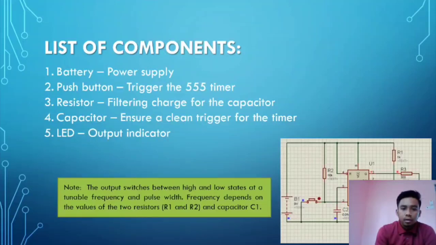The output switches between high and low states at a tunable frequency and pulse width. Frequency depends on the values of the two resistors, R1 and R2, and capacitor C1.